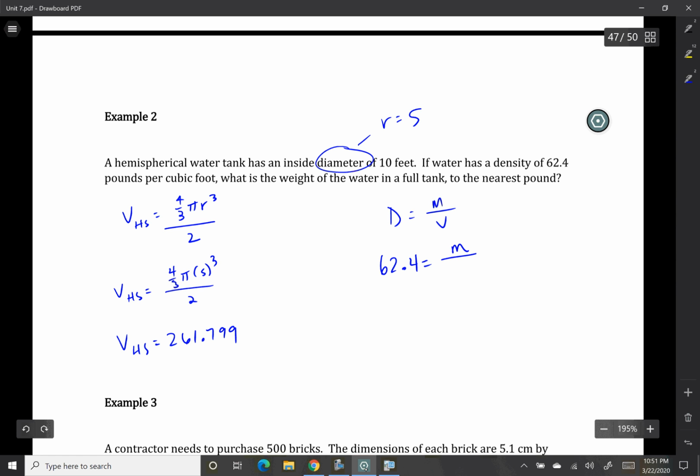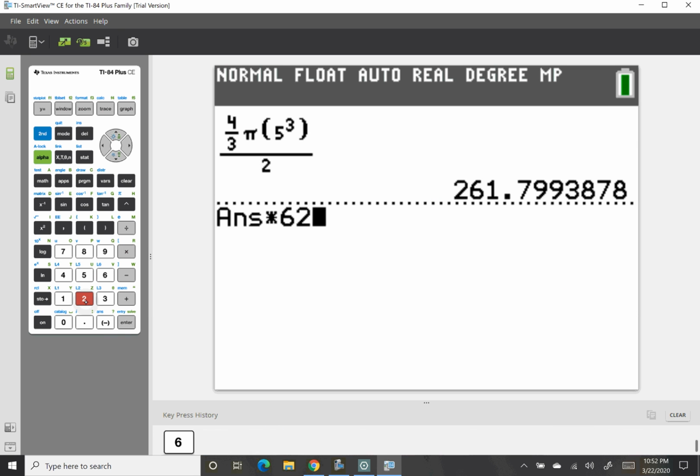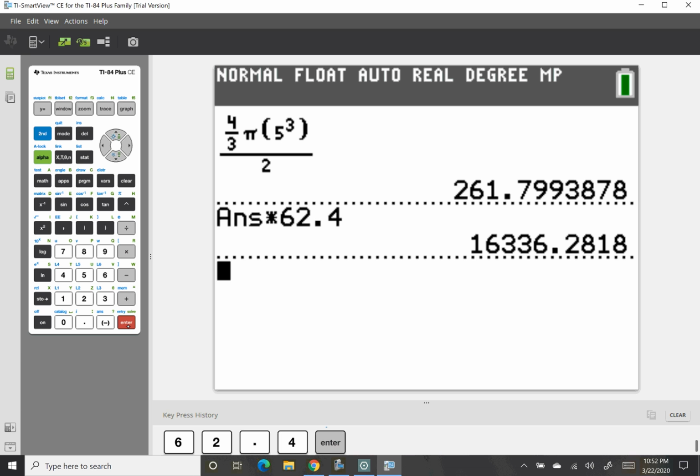We don't know the mass or the weight, but we do know the volume is 261.799. This just becomes a proportion, so we cross multiply, and we get mass is equal to 62.4 times 261.799. So if I take that value I have in my calculator and I multiply it by 62.4, we get this mass, and it wants us to round this to the nearest pound, so 16,336.